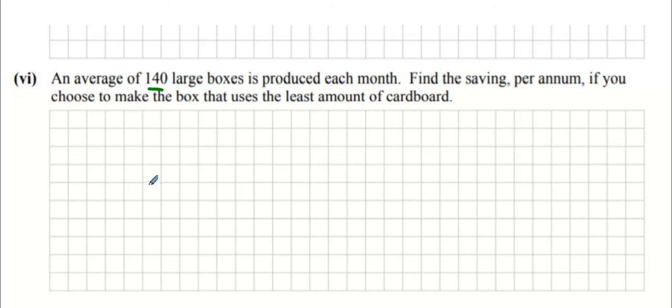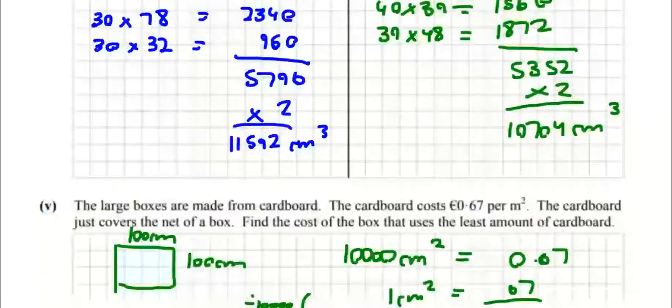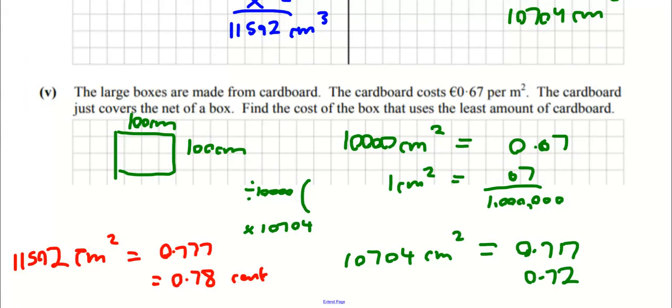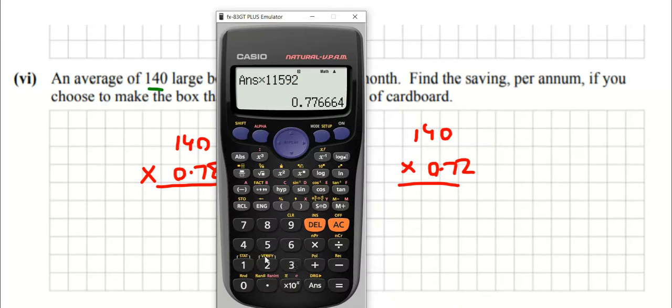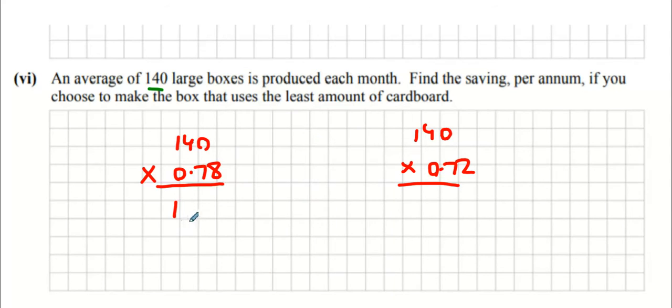140 large boxes are produced each month. So 140 can get multiplied by 78 cents for the larger box, or 140 can get multiplied by 72 cents for the cheaper box. So you're saving 6 cents a box roughly. So that's 109, or €1.09. Let's do 109.2 cents.